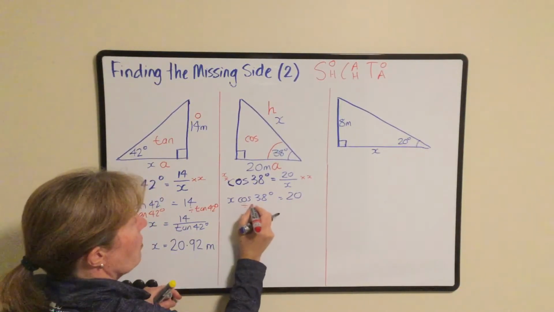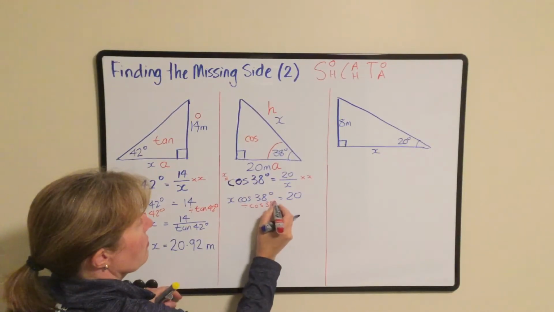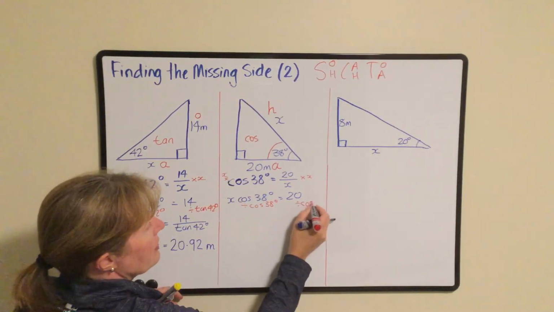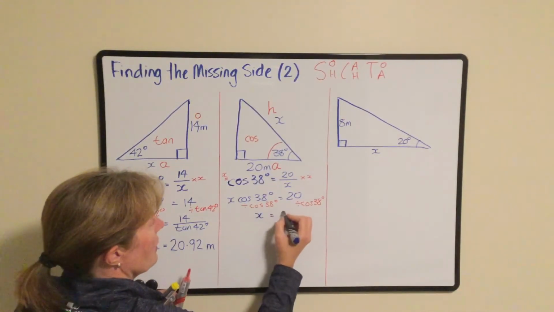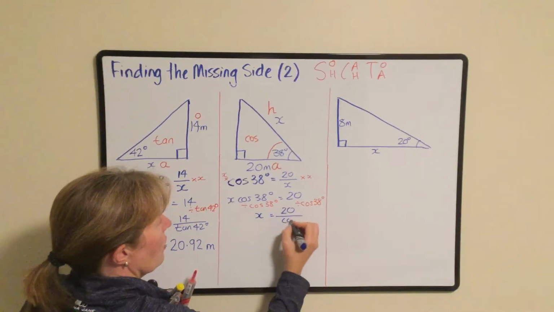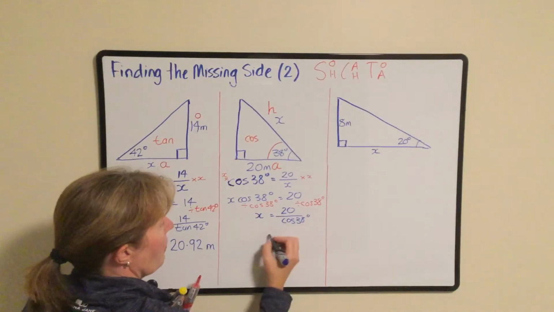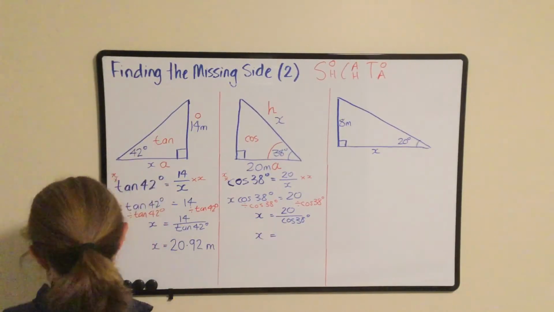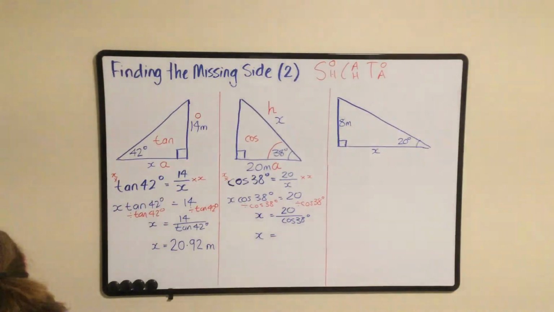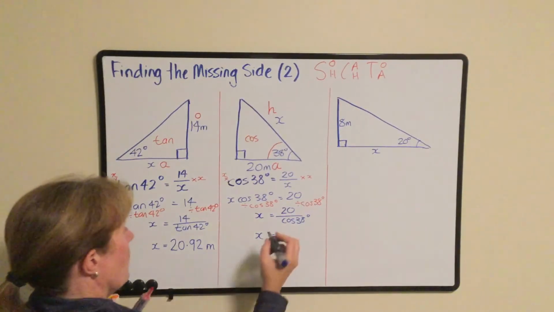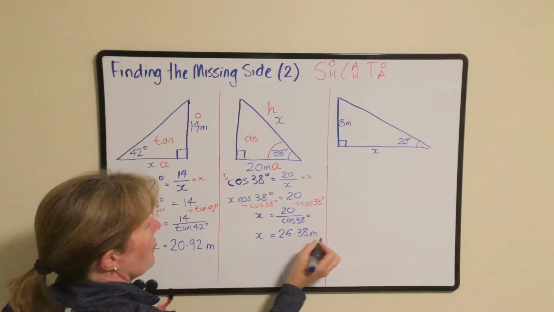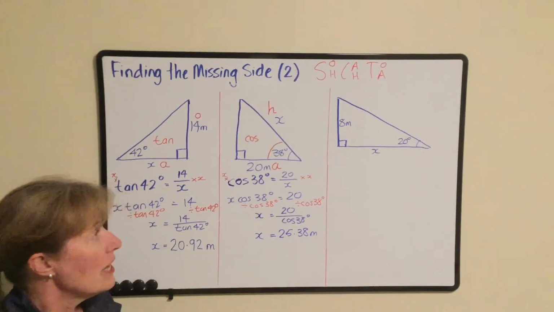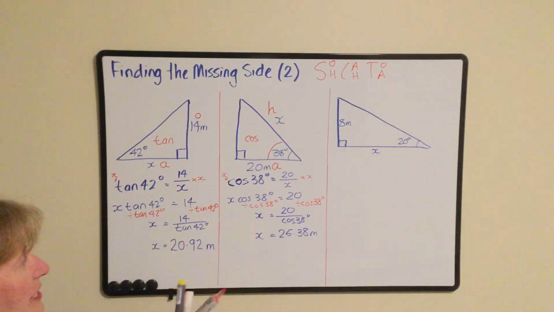I'm going to divide both sides by cos 38 degrees. Remember, this is going to get easier. Giving me x equals 20 over cos 38 degrees. Grab your calculator, do your answer. I've got 25.38 metres.